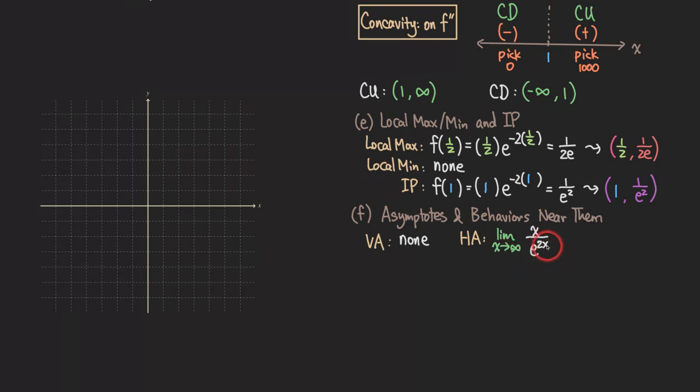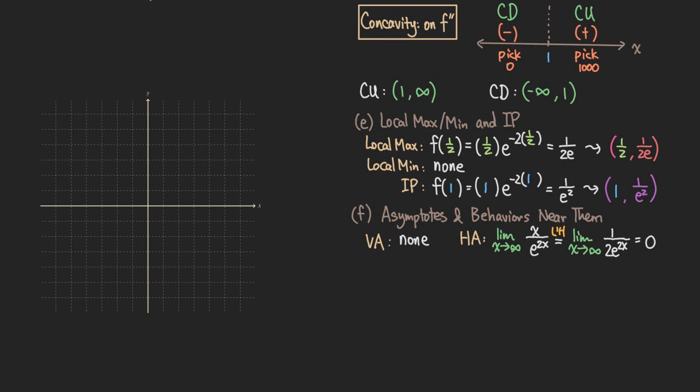And so we can evaluate this one by using L'Hopital's rule. What happens? Then we are going to get 1 over 2e to the 2x. And as x goes to infinity, then we actually will get 0.